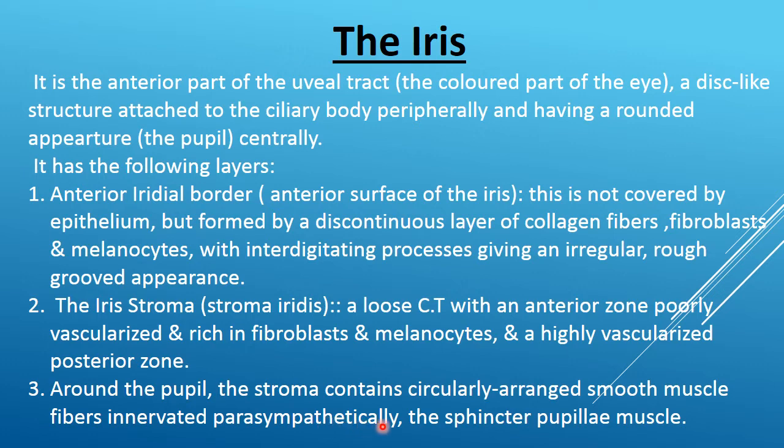Its post-ganglionic fibers from the ciliary ganglion reach the muscles through short ciliary nerves. So parasympathetically innervated muscles are these sphincter pupillae. Definitely its name is indicating that when they are contracting, these are going to constrict the pupil.